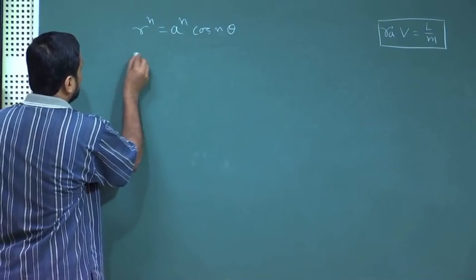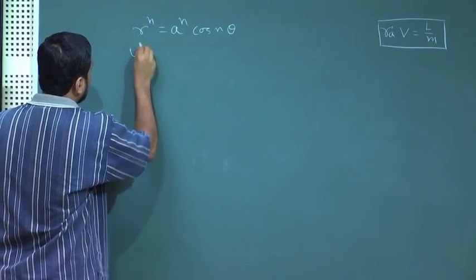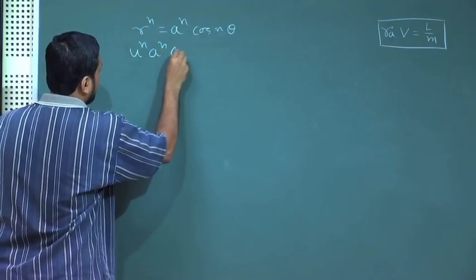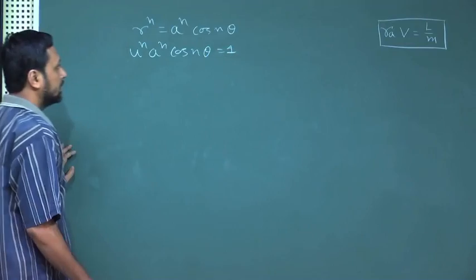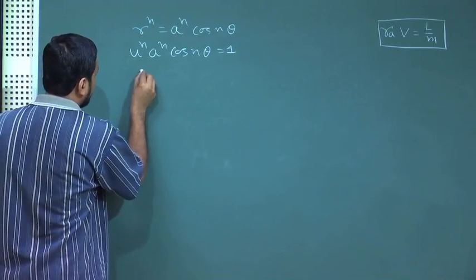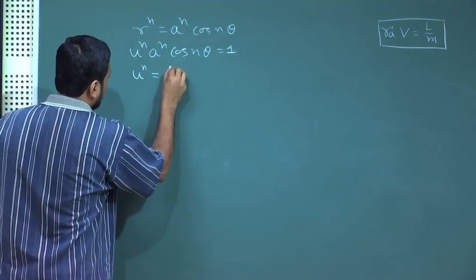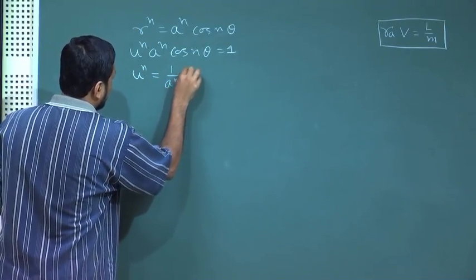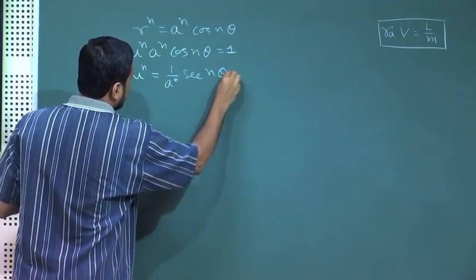So, what we do is we write u to the power n times a to the power n cos n theta equal to 1, right, and that means u to the power n is equal to 1 by a to the power n sec n theta.